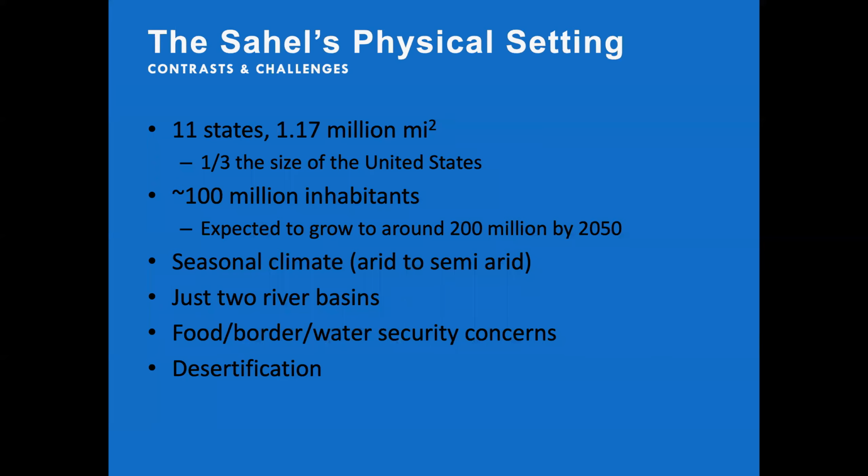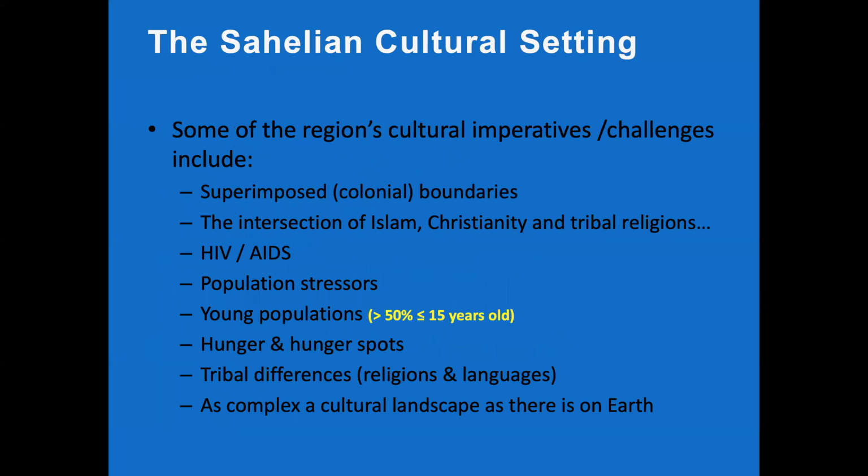Here's a look at the physical setting of the Sahel. It has many contrasts and challenges, lots of states, people, inhabitants. It's expected to double in population by 2050. It has, as mentioned, a seasonal climate and lots of food, border, and water security concerns to deal with.